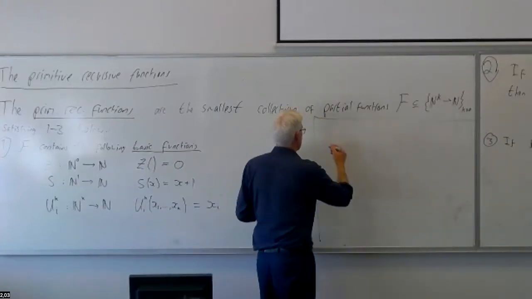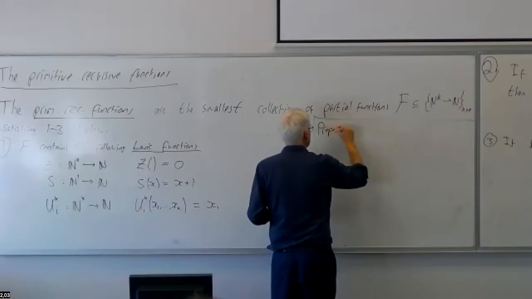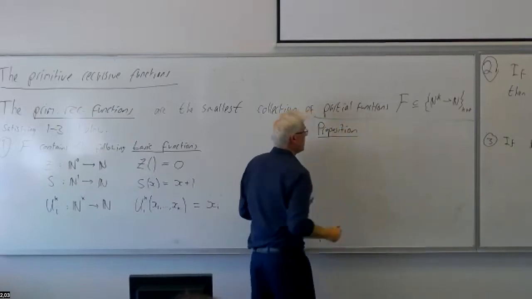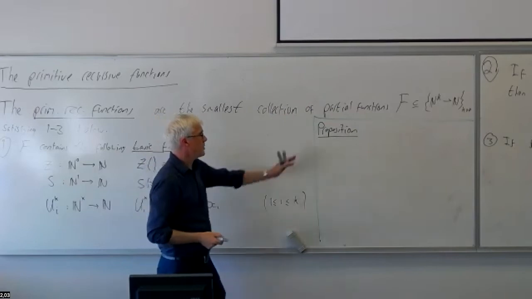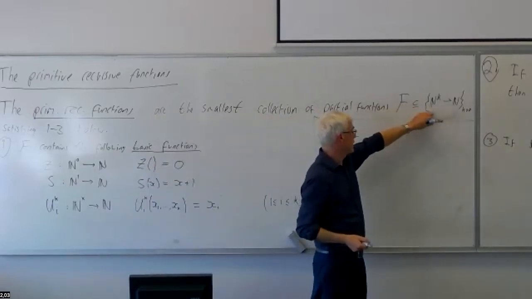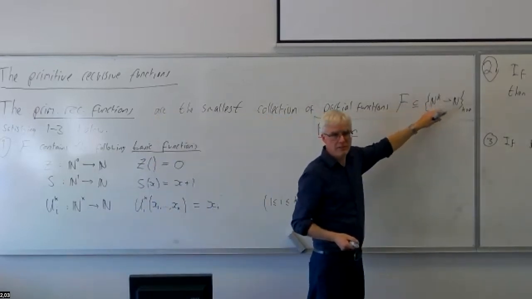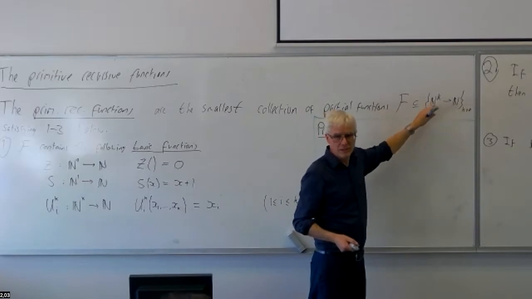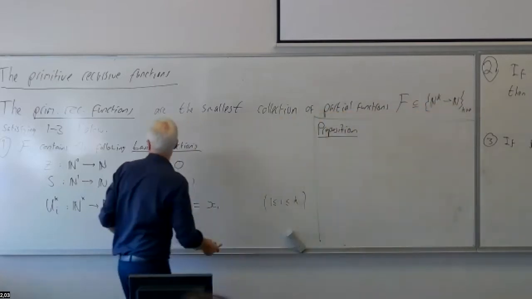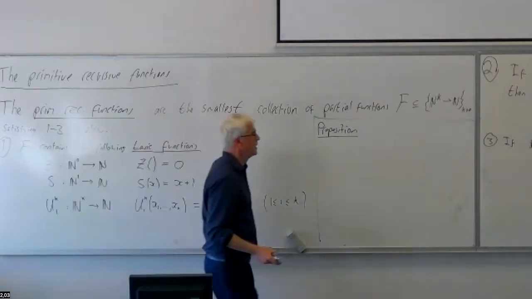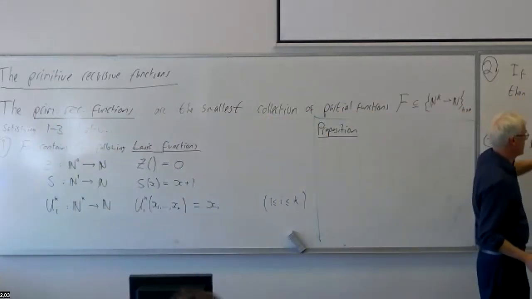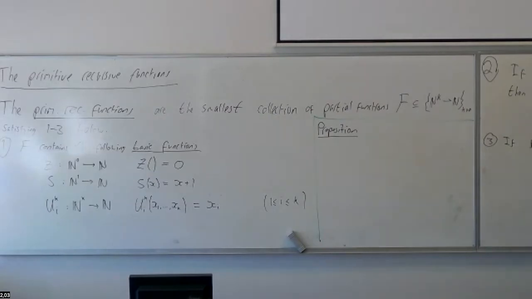So this fact is: we call a partial function on the natural numbers primitive recursive if it belongs to this smallest collection of partial functions that contains the basic functions and is closed under composition and, I didn't even say the name here, this function R f g is defined by primitive recursion.